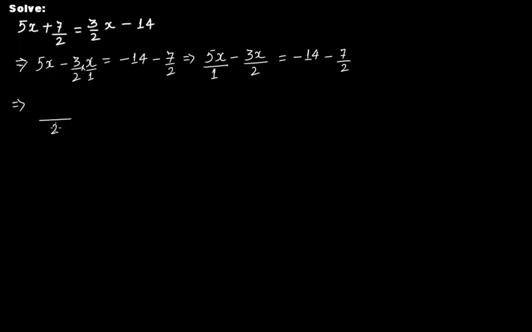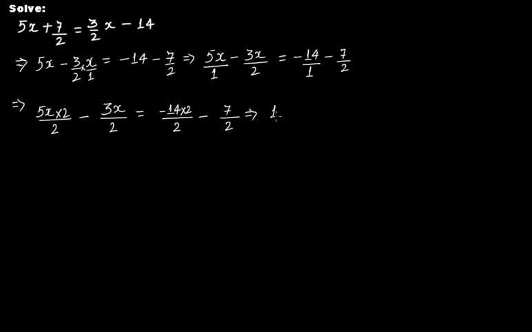If you need 2 in the denominator, then 2 divided by 1 gives you the quotient 2. So 5x times 2 minus, we already have the denominator as 2, write it as it is, and this is minus 14 by 1. The LCM of 1 and 2 is again 2. So if you need 2 as a denominator here, this has to be then 14 times 2 minus, this is already 2, so I get 7 here.